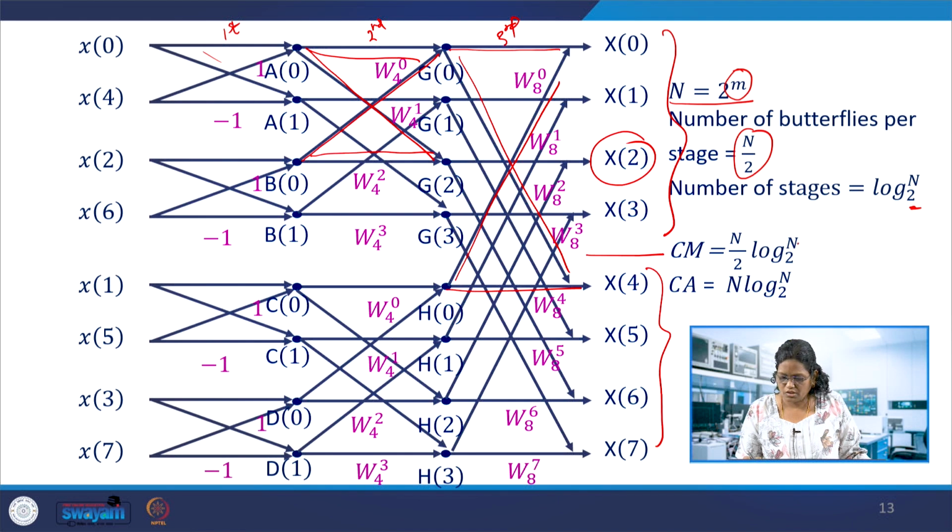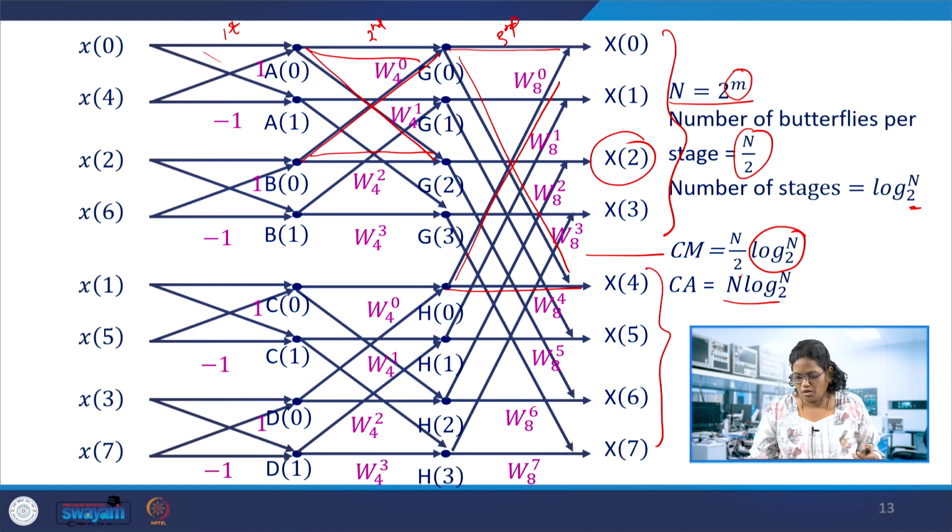The number of butterflies per stage is N by 2, and the number of stages is log base 2 N, so we multiply them. We have only one complex multiplication per butterfly and two complex additions, so the 2 gets cancelled, and N log base 2 N is the number of complex additions.